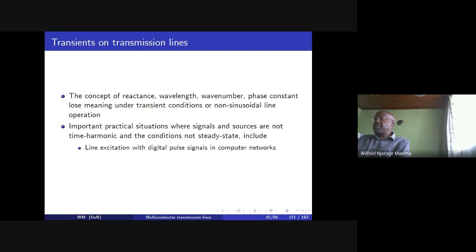And this means that we cannot represent them by a single frequency. If we want to represent them in the frequency domain, then we must include the fundamental frequency as well as an infinite number of harmonics. And therefore, at each harmonic, there will be an impedance for that harmonic. And therefore, these reactances lose meaning for that case.